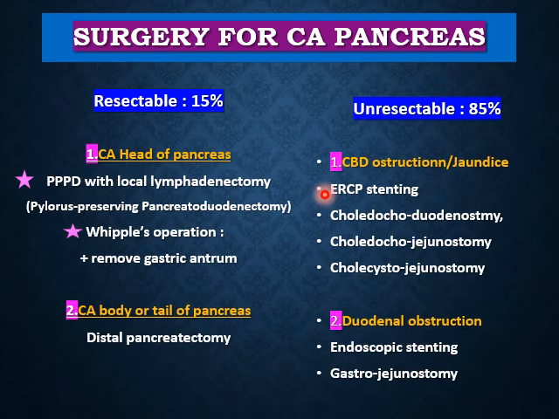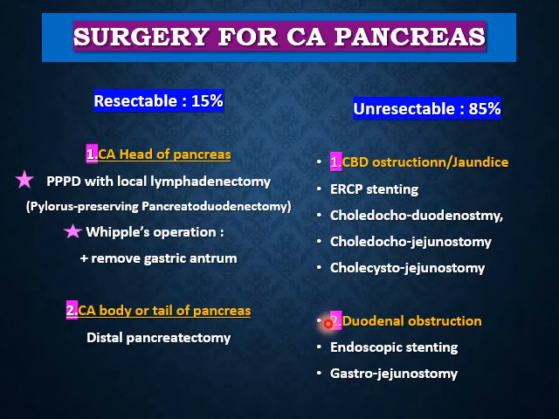So you can do an ERCP stenting or bypass procedures. The three common ones are choledochoduodenostomy, choledochojejunostomy, and cholecystojejunostomy.